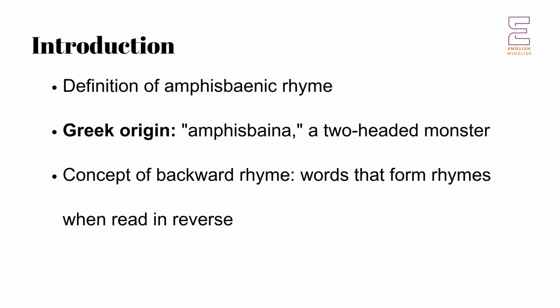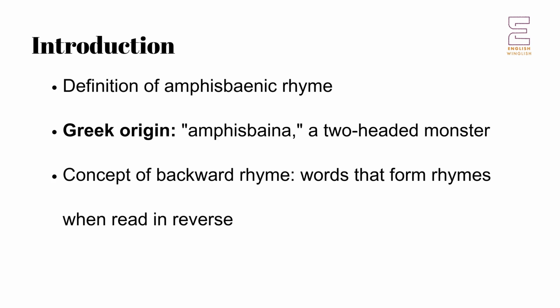Introduction. Amphisbaenic rhyme, a term derived from the Greek word Amphisbaenia, meaning a monster with a head at each end, represents a unique and rare poetic device. This type of rhyme, often referred to as backward rhyme, involves pairs of words that can be read in reverse order while still forming recognizable words.